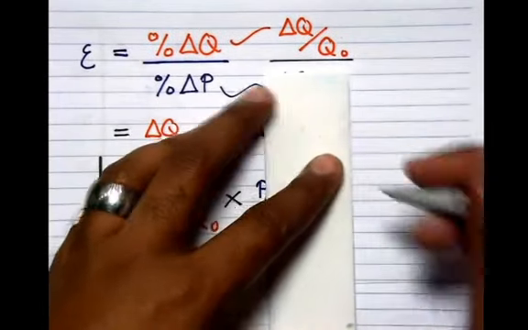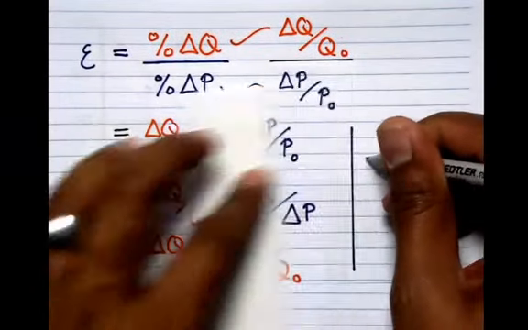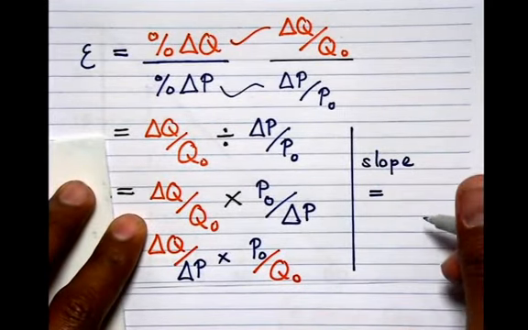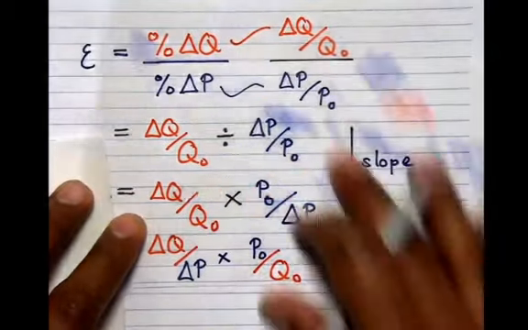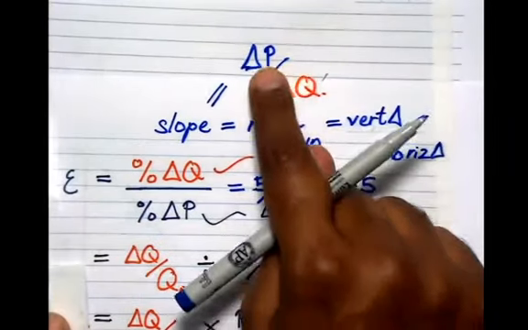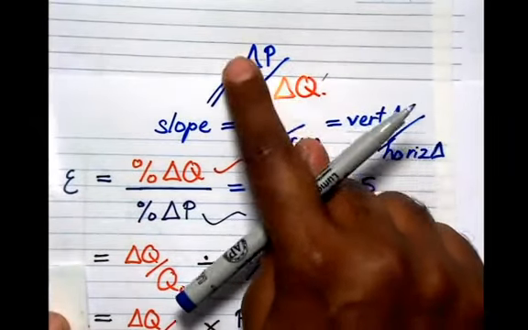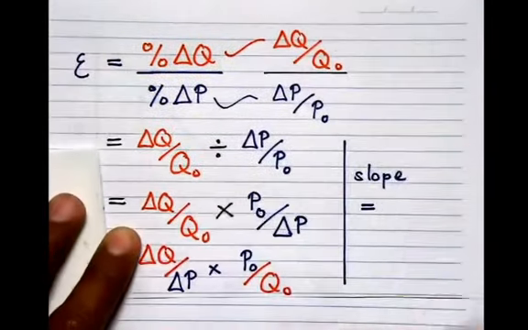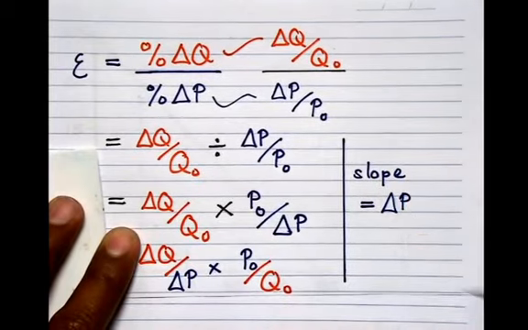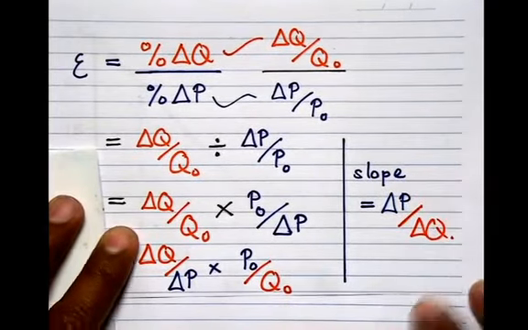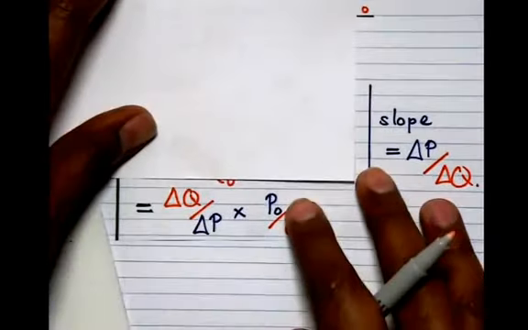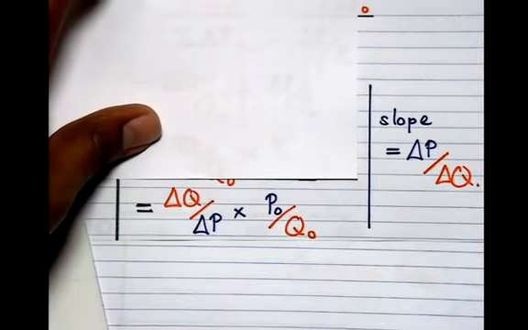Now, what did I say the slope was? What is the equation of the slope? What did we say? Delta P over delta Q. Change in vertical divided by change in horizontal. So slope is change in price over change in quantity. Can you see the relationship between elasticity and slope?